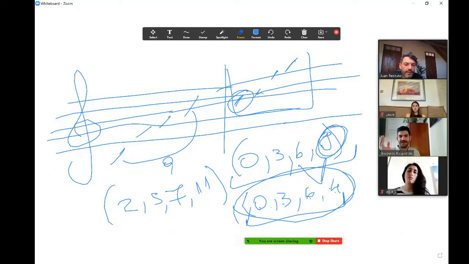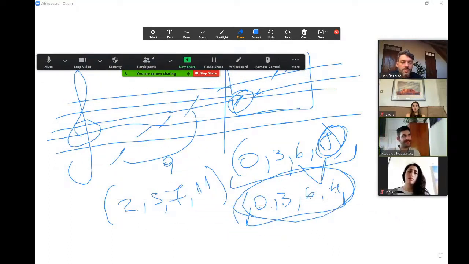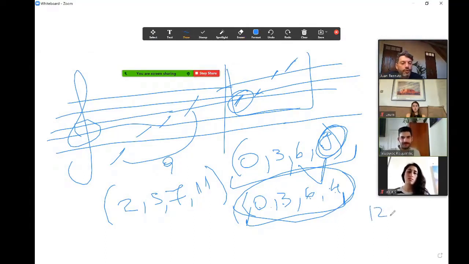How can we make 8 into 4? It changes the pitch class. Because 8 is an inversion of the fourth. Yes, but it will be a different note. Yes, I know, but the important thing is the interval.